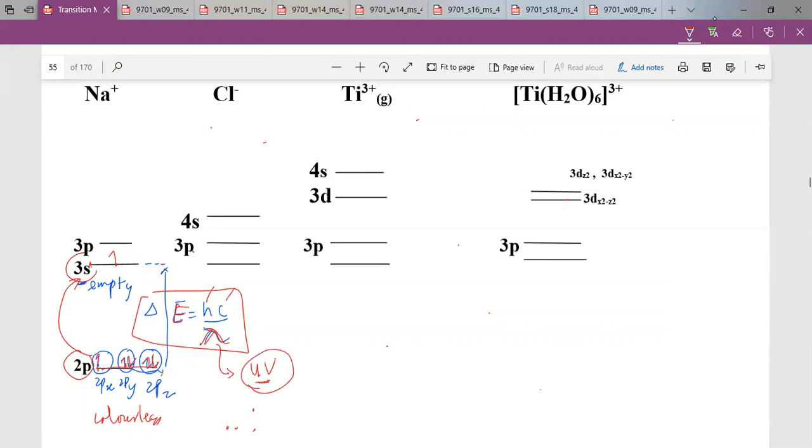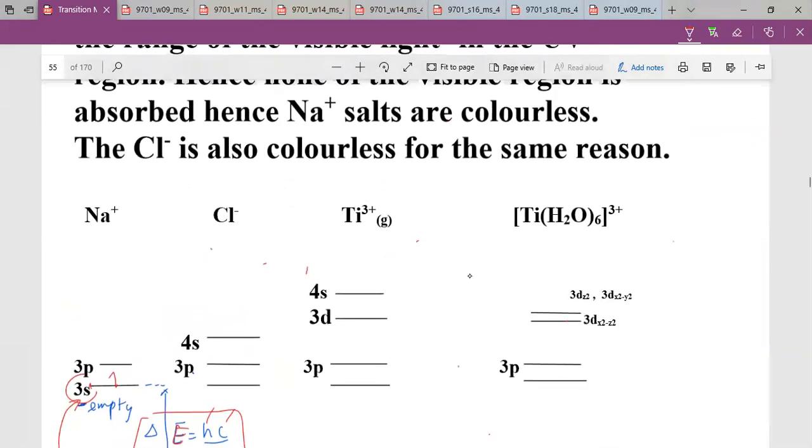Now chloride, Cl minus. Chlorine is of course 17: 1s2, 2s2, 2p6, 3s2, 3p5.